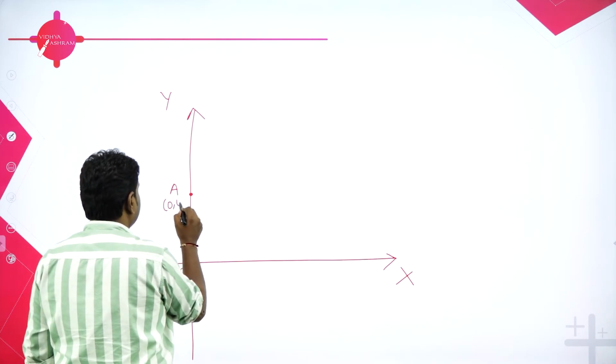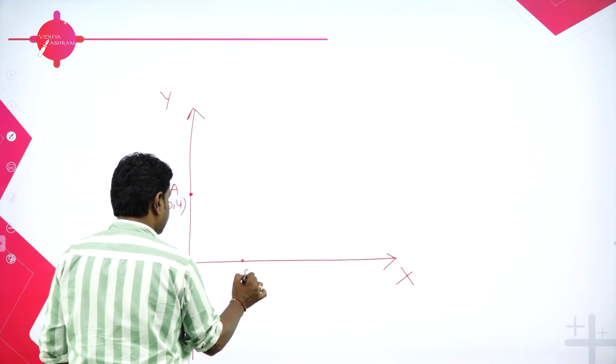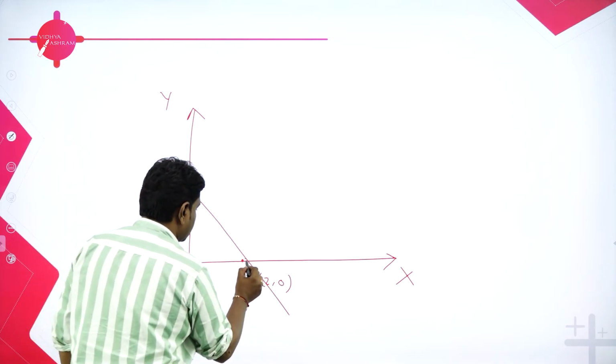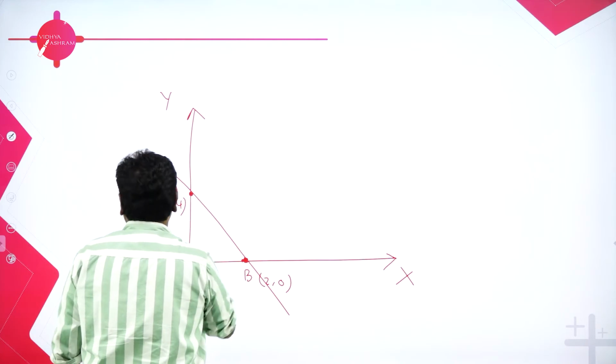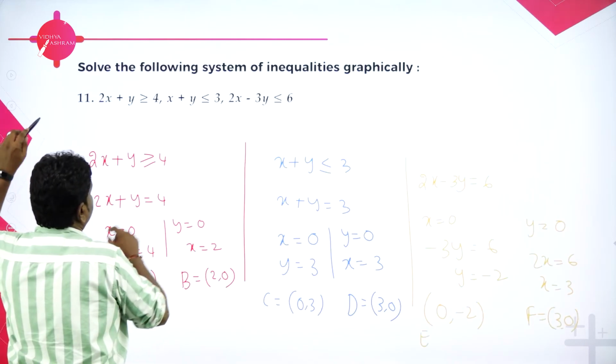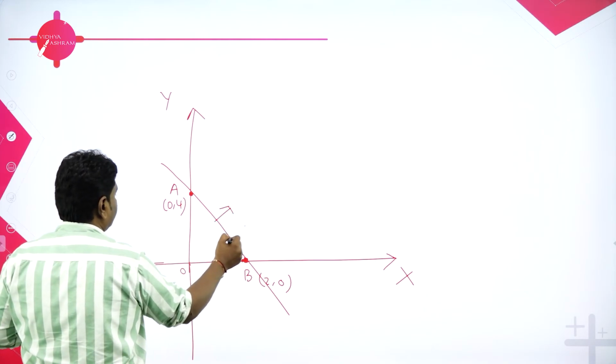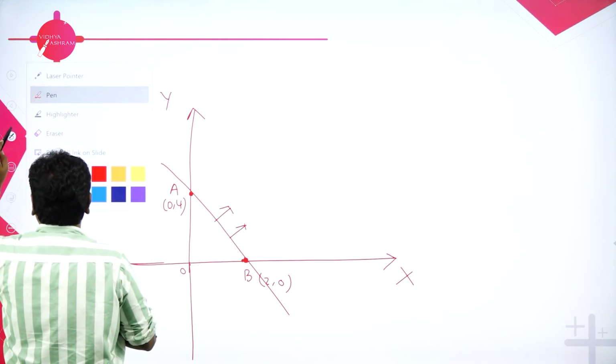This is one line. And for the shading, you can see it is greater. Greater means shade above. I'll put one arrow mark. Shading goes like this.